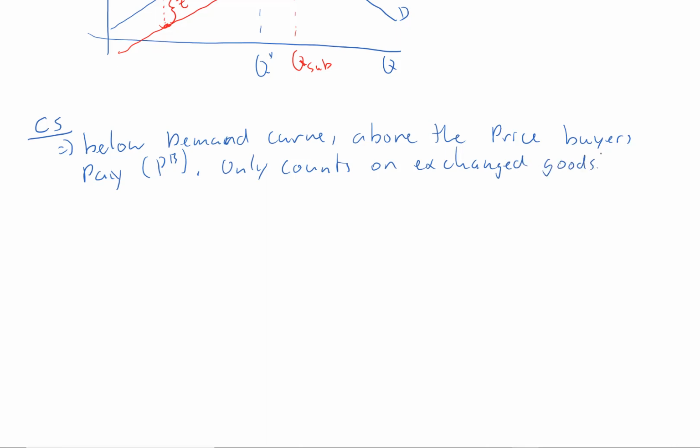So we can only go horizontally up to how many goods are exchanged, which was Q star originally, and now is Q sub.